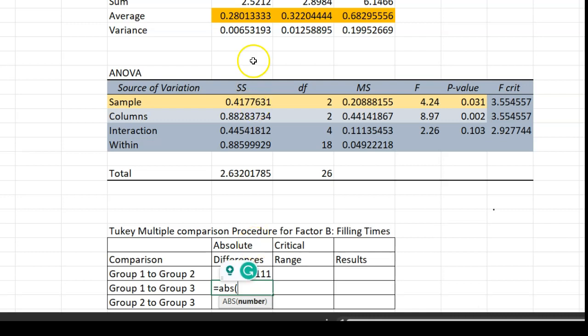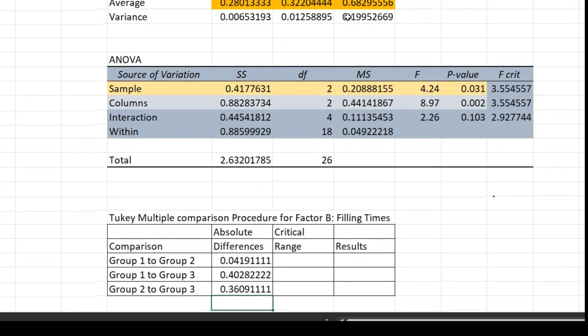The first group is still this one minus the third group, which is this one. Enter. And for the last one, equals absolute value again, open the parentheses, between the second and the third. This is the second minus the third, enter. All right, we get these values already.